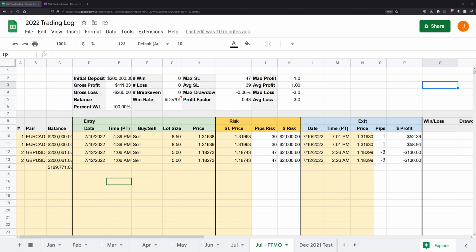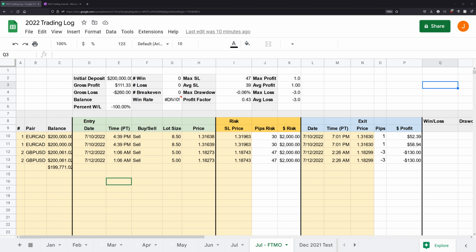And here is the spreadsheet I'm using myself to track my own trades. I enter all my entries and exits manually just to keep a clean record. So you can see for this challenge, I'm starting with an initial deposit of 200,000. And to pass the FTMO challenge, you need to make 10% in order to consider yourself passed for the profit target.